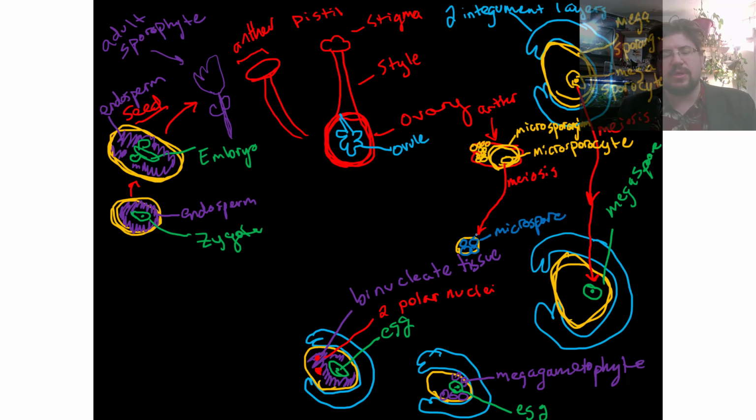So, each one produces its own little microscopic microgametophyte, which then produces 2 sperm nuclei. Okay. This is, of course, a pollen grain.